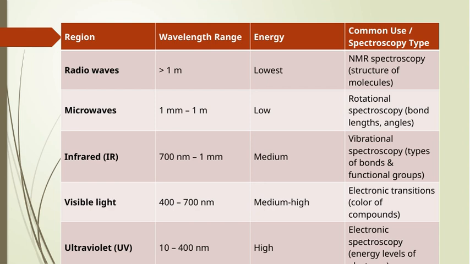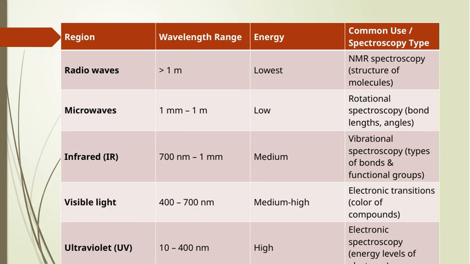Next is infrared, or IR, which spans wavelengths from around 700 nanometers to 1 millimeter. IR radiation has medium energy and is used in vibrational spectroscopy, allowing us to identify types of bonds and functional groups in a compound. Then we have visible light, with wavelengths between 400 and 700 nanometers.